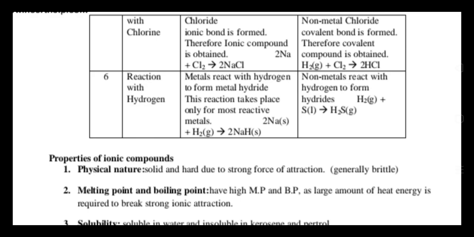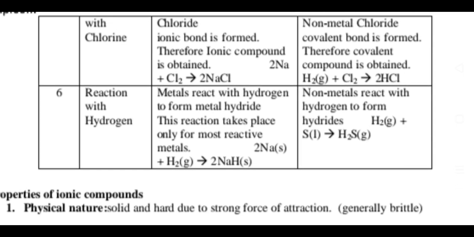The last one is reaction with hydrogen. Metals react with hydrogen to form metal hydrides, and this reaction takes place only for the most reactive metals. Coming to non-metals, non-metals react with hydrogen to form hydrides.